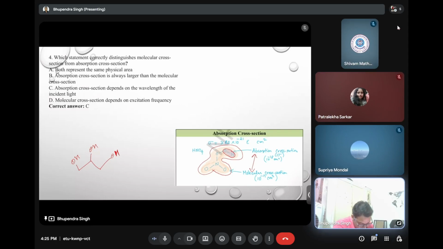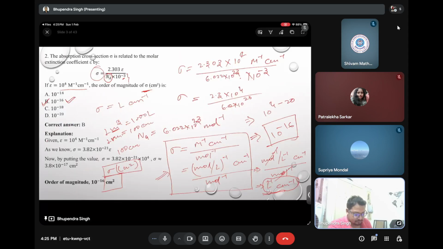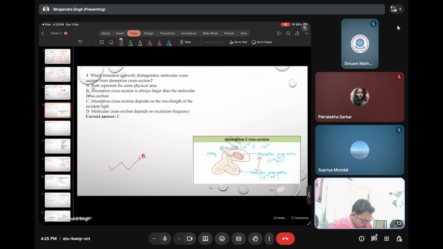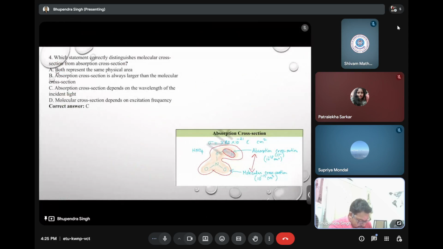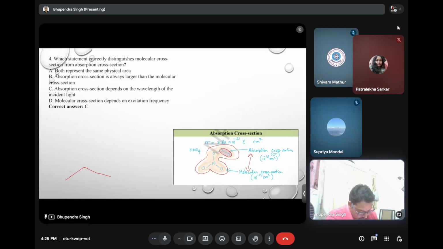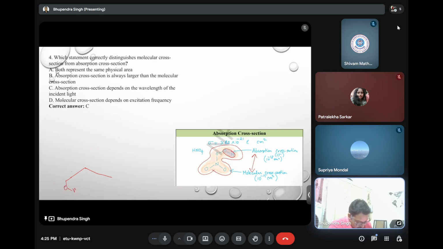No, no, this is not right. First tell me what is this molecule?